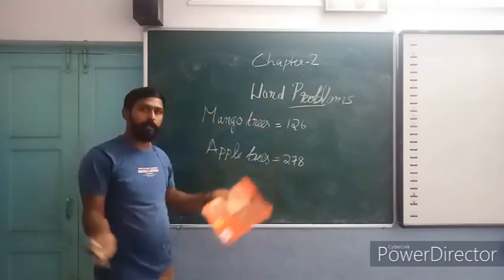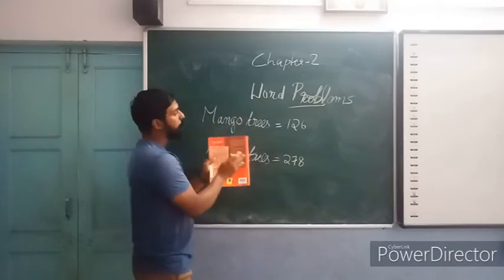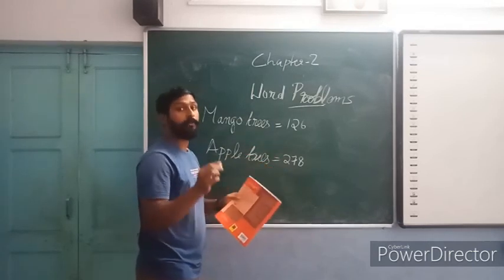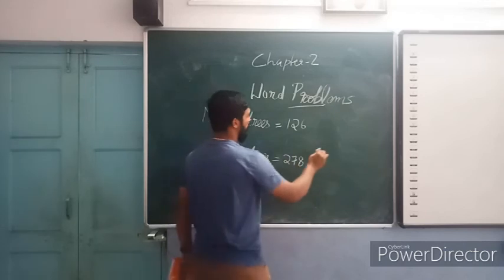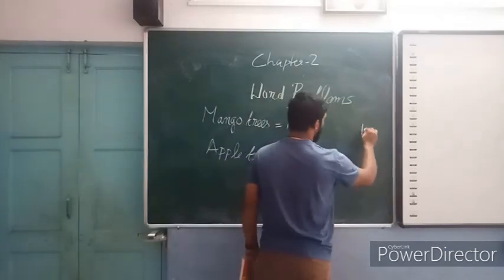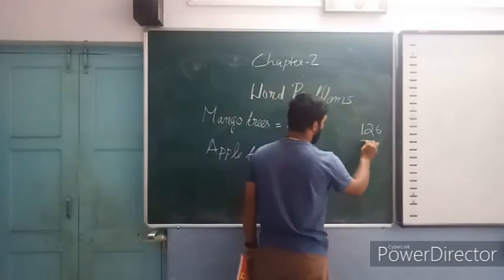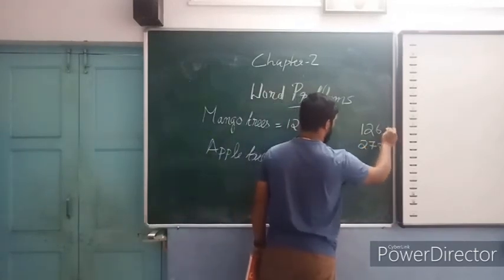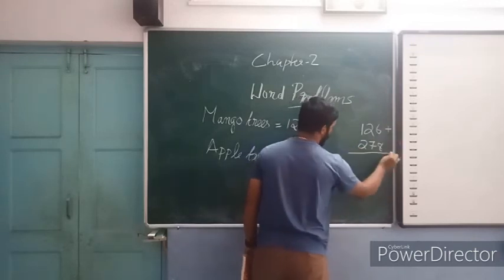So total. So that means we have to add. If you want to find the total, what operation do we use? We use addition. So what we do? We write these numbers according to the place value table, then we add them. So the operation is addition. We put the plus sign, then we add.